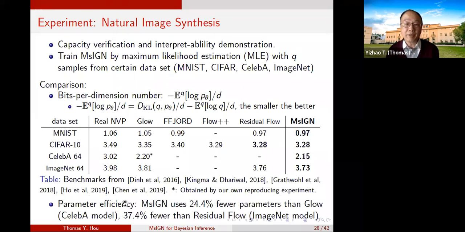It is also worth mentioning that our approach actually uses far fewer parameters than Glow, for example, about 24.4% fewer parameters than Glow, and 37.4% fewer than the residual flow. So these are the state-of-the-art approaches.